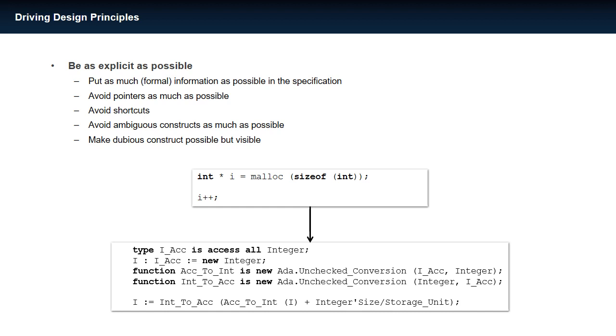The first unchecked conversion allows us to convert the access type to an integer so that we can do arithmetic on the type. The second unchecked conversion allows us to convert the integer back to an access type. And we can see on the last line that we are doing the arithmetic.